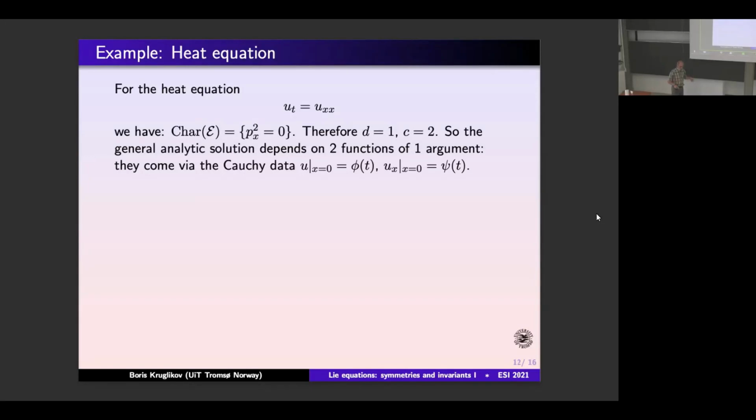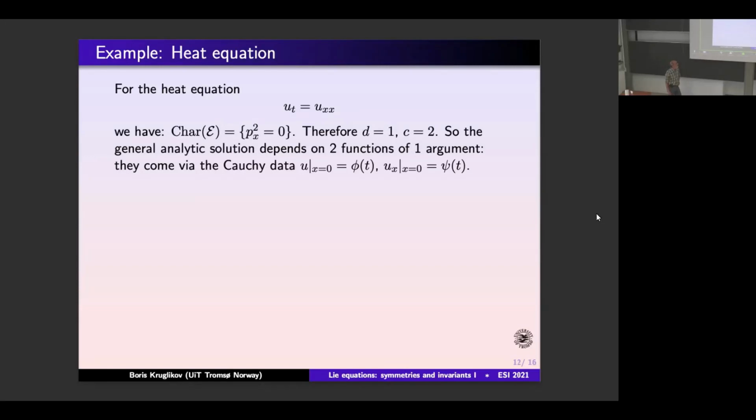By doing this Fourier transform, we just change differentiation into multiplication, so it will be p_x squared, where p is a covector with two components, p_x and p_t. That's a line, so the dimension of the line in the affine version is 1. So d equals 1, c equals 2, because it's actually a double line, counting multiplicity. So the general analytic solution depends on two functions of one argument.